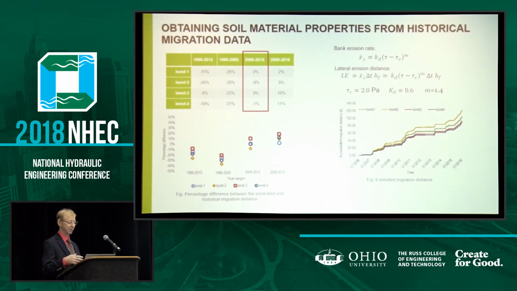So the way we did this was we ran a whole bunch of CFD runs for different discharges. Then we've got a table of discharge and shear stresses, in particular the shear stresses on those banks that we're watching.